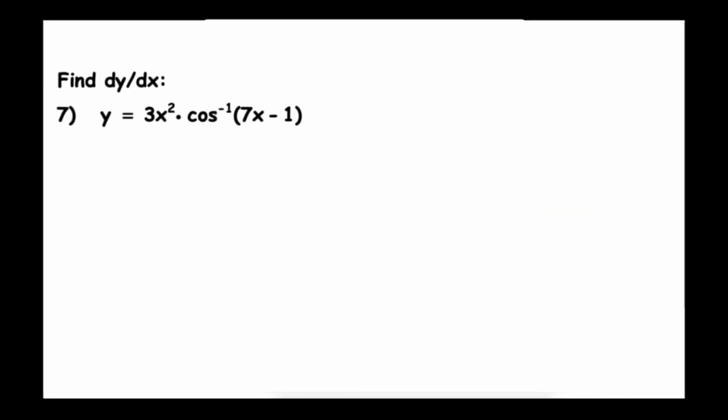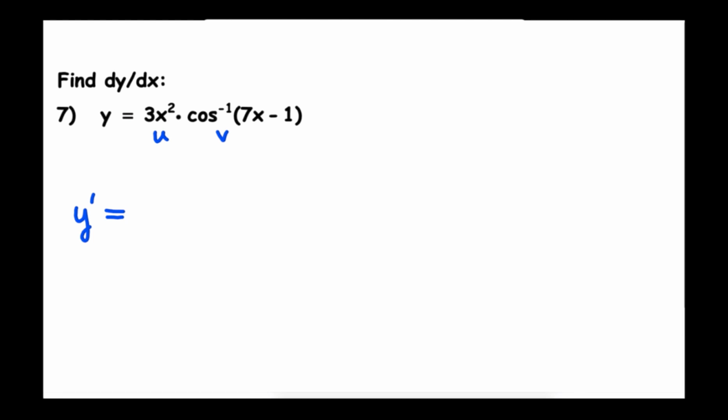Here in number 7, we see past meets present. Yep, it's chapter 2 colliding with chapter 5. We've got ourselves a product rule with a u and a v. All right, here goes. Derivative equals u prime v.